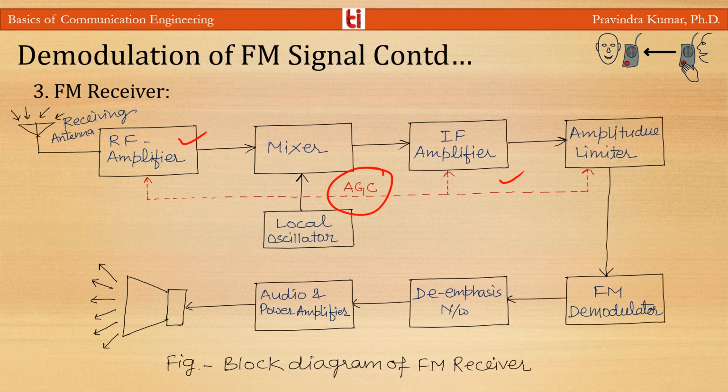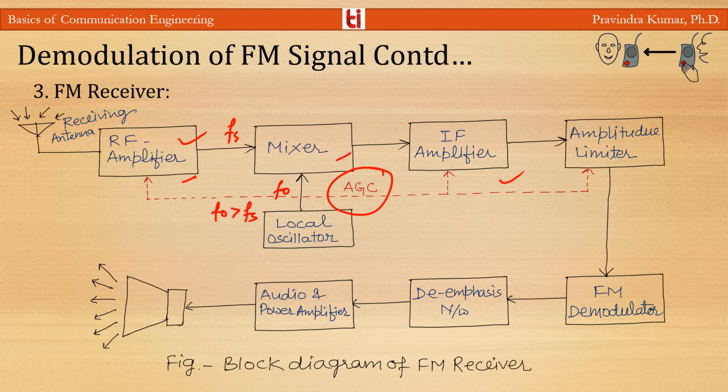Now next is the mixer or frequency changer. Similar to the AM receiver, the mixer stage in the FM receiver down converts the received signal to the intermediate frequency, IF. This is done by mixing the input signal of frequency Fs with the local oscillator signal of frequency F0, and here F0 is greater than Fs.